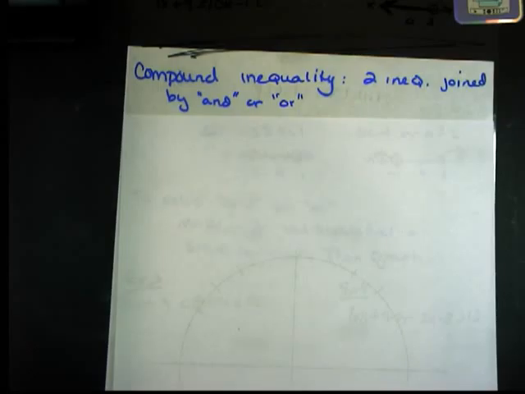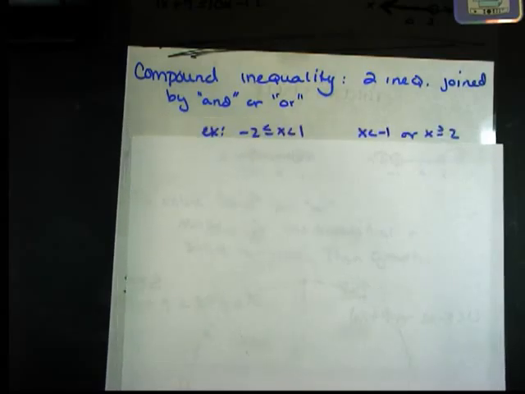Compound inequality. Two inequalities. They use the word and or. And they also use symbols. So here's a couple of examples.